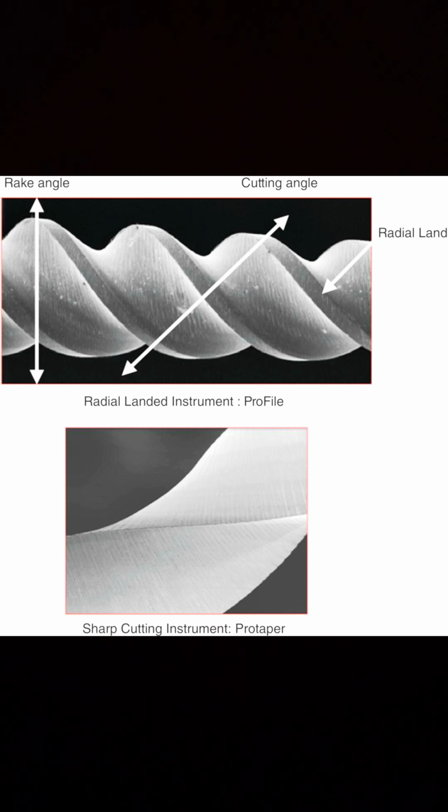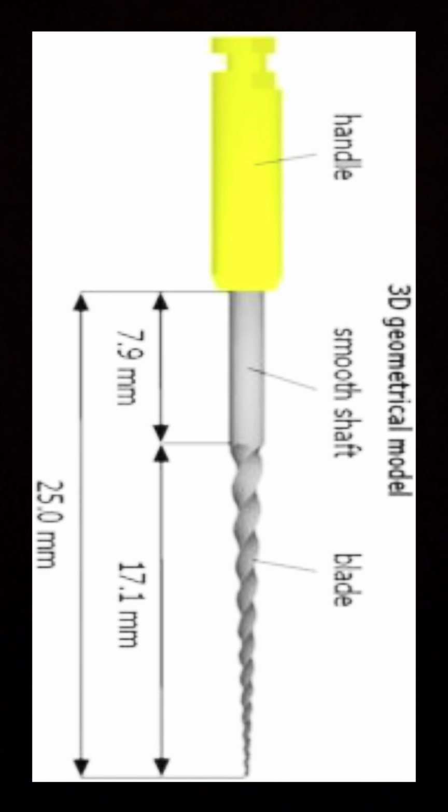Barbed broach is used for the extirpation of the entire pulp and for the removal of necrotic debris, cotton, and other foreign material from the root canal. It is manufactured from a tapered round soft iron wire.